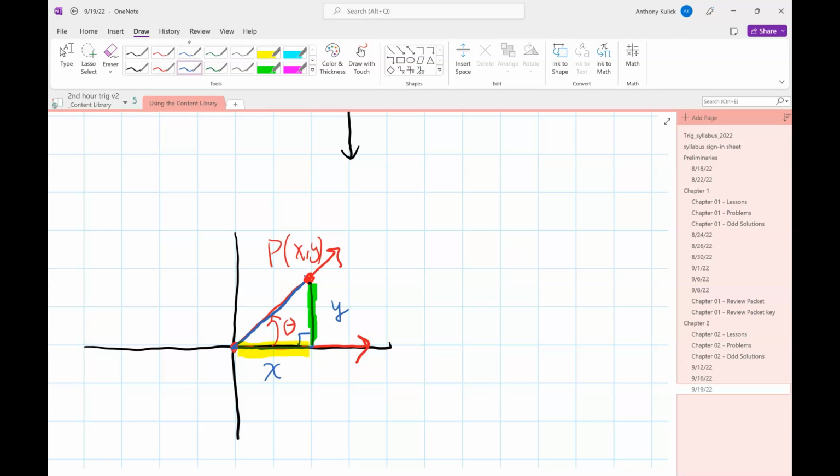The other side of this triangle, I'm going to refer to as R. And just using the Pythagorean theorem, R should be the square root of x squared plus y squared. Is everybody okay there?